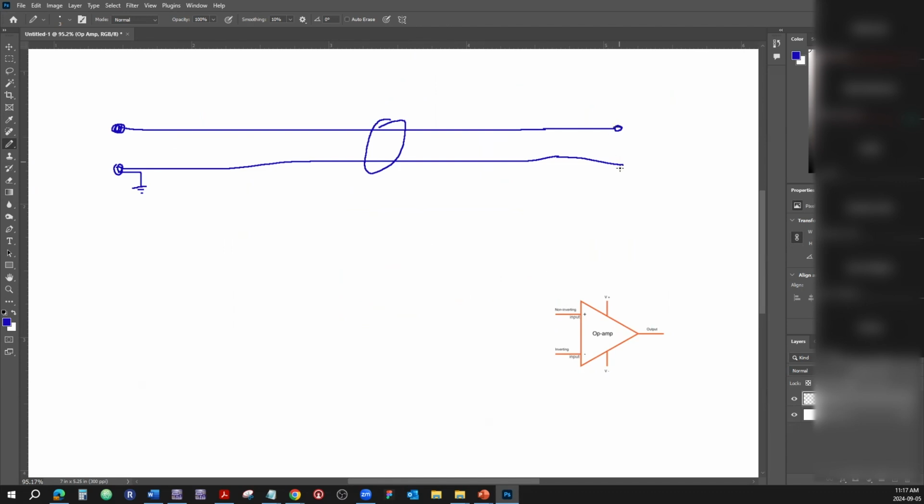It is terminated at the other end and goes to some sort of amplifier. This symbol here is a symbol for an amplifier. The signal goes into the amplifier, not necessarily an operational amplifier. And this is grounded, and at some point the other input is grounded.